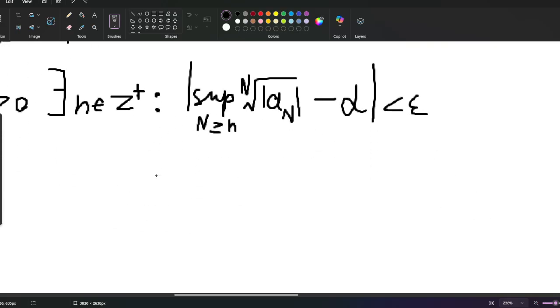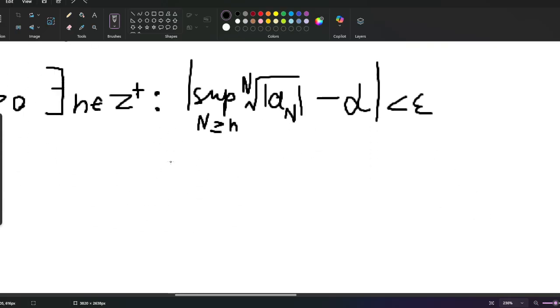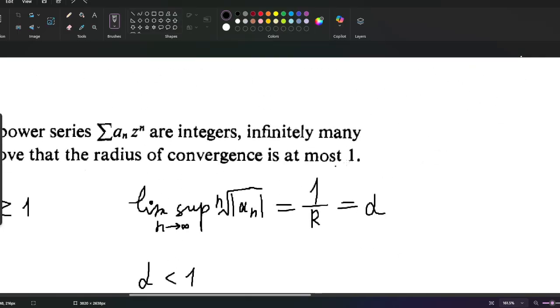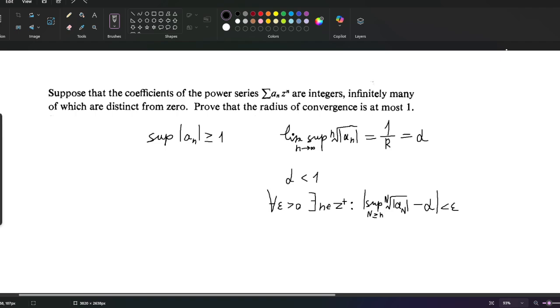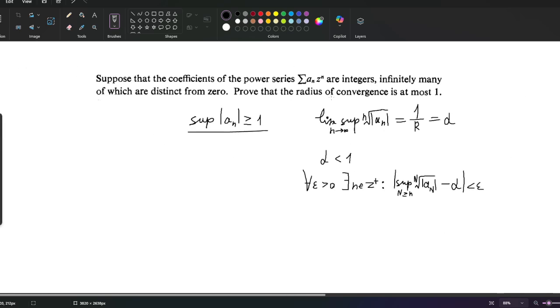Now if we look into this supremum over here, we know for sure that there is an infinite amount of elements whose absolute value is greater than or equal to 1. So therefore the supremum is greater than or equal to 1.